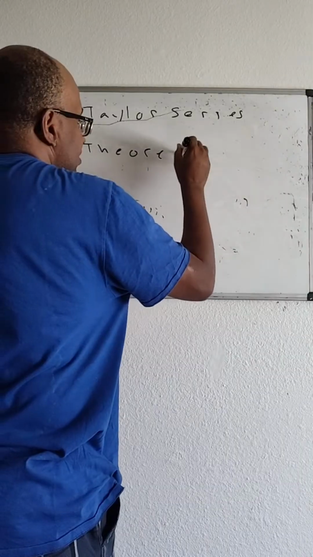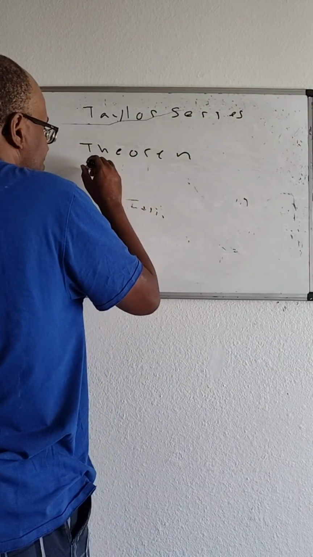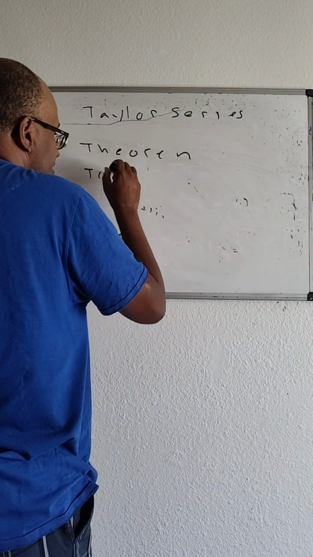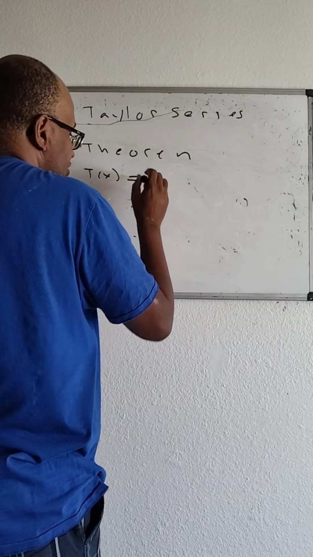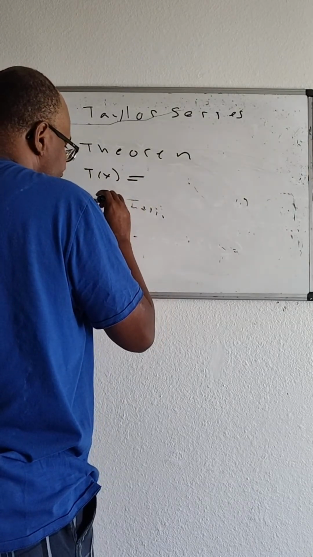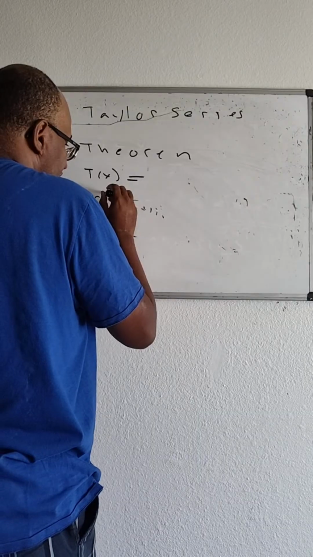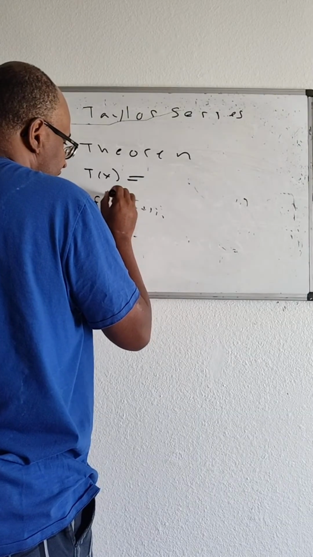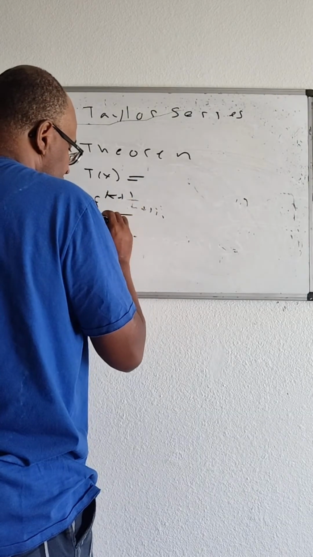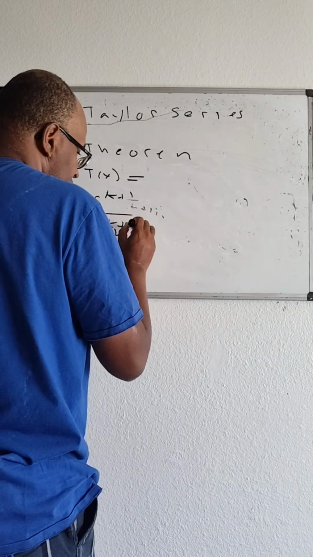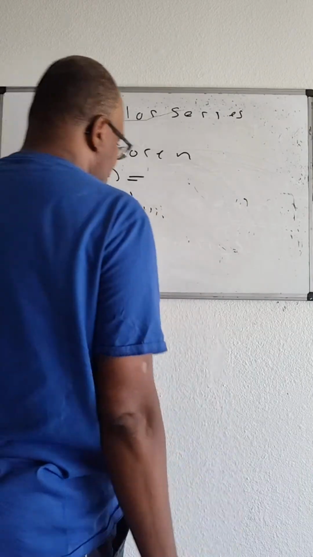Try to write this neat. Basically, we're going to say T of x is equal to f of k plus 1 over k plus 1 factorial.